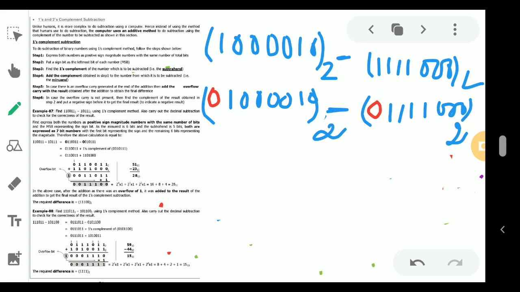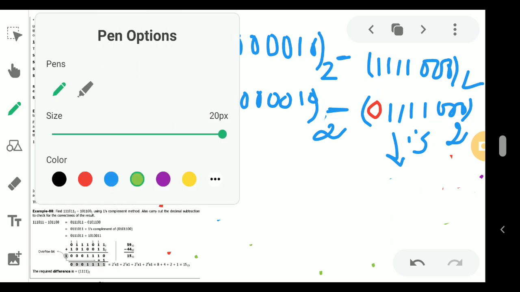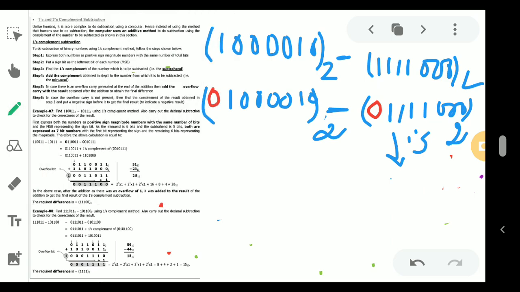Now step 2 is what? We have to find out the first complement of the second number. I'm taking another screen so that you're able to understand. So this becomes 1 0 0 0 0, 4 times 0, and then 3 times 1.